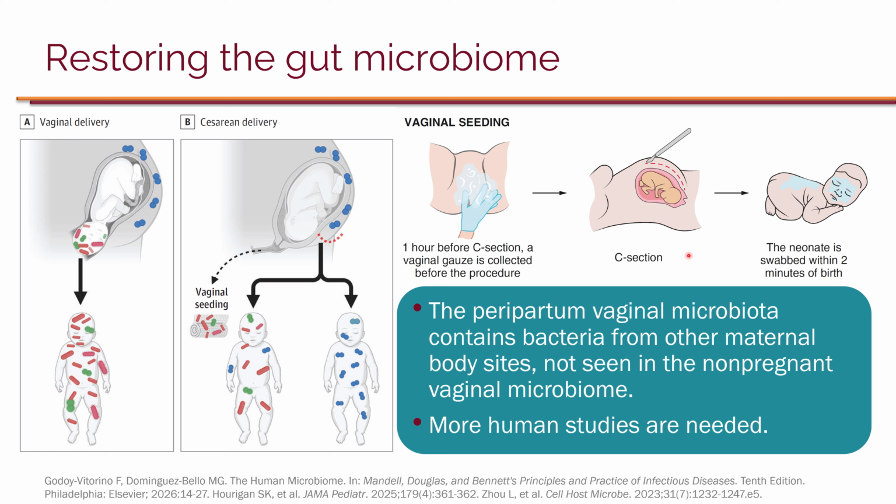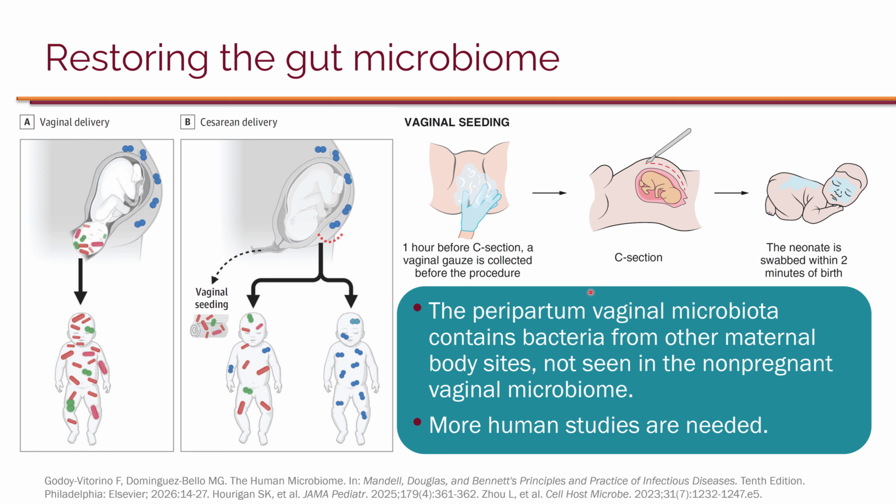And then the C-section occurs, and once the baby is born, the neonate is swabbed within 2 minutes of birth. So essentially, they swab the face and the back of the baby. Now, there is limited studies on this, so I'm not saying that this is something that's routinely done, but this is something that's emerging.